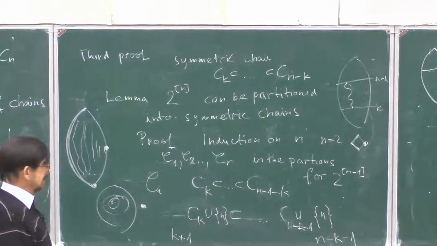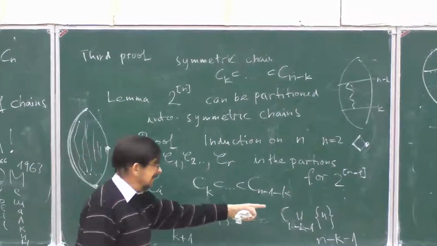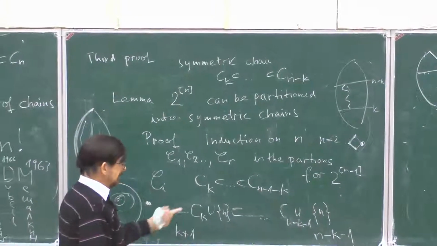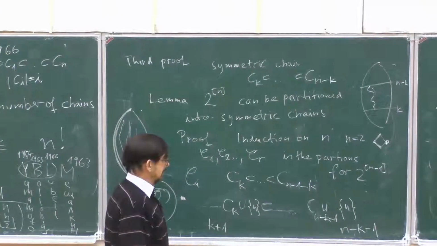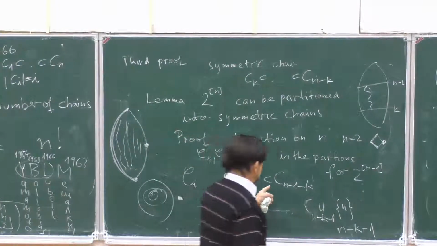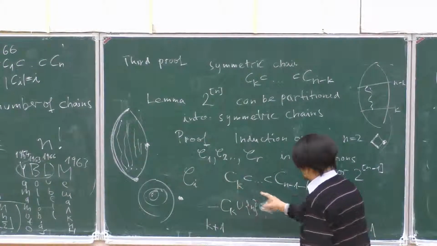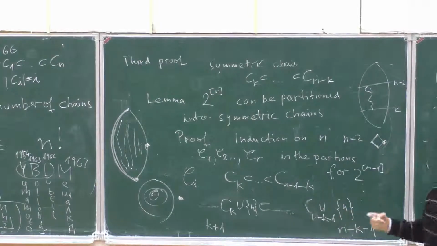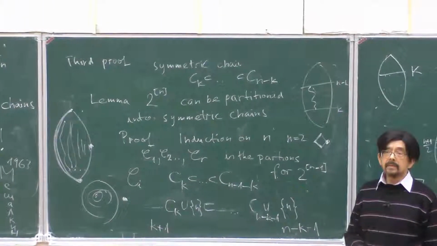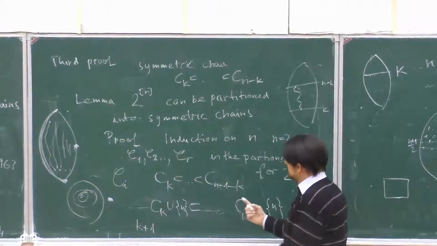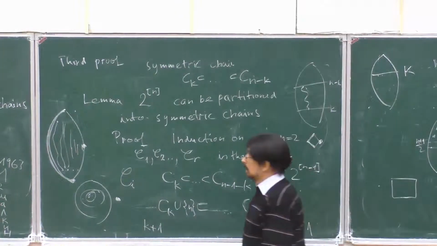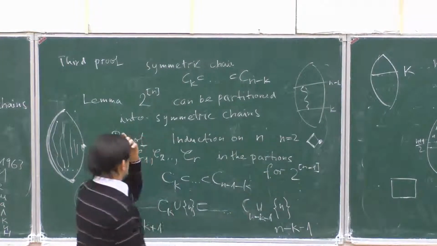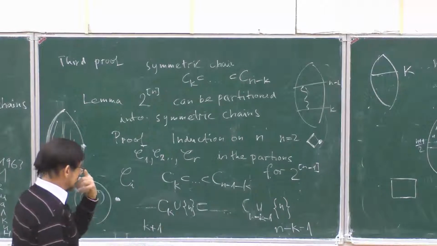So these chains will be symmetric. But what about this one? Here, if you add up this and this, that's only n minus 1. That's too small. So we need one more set.